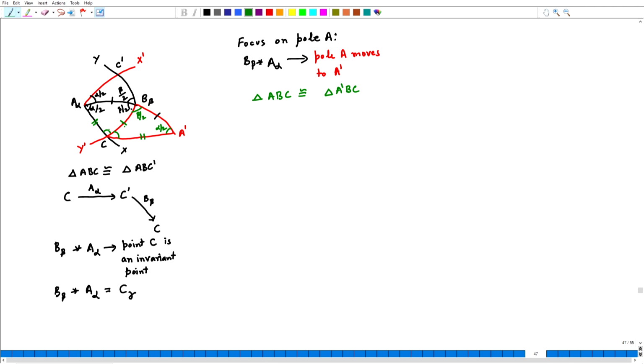Now, consider the angles at the pole C. These two angles are equal, but we have already said that C is a rotation axis, and in fact, now I can make the following comment that pole A moves to pole A prime through a combination of operations A alpha and B beta.